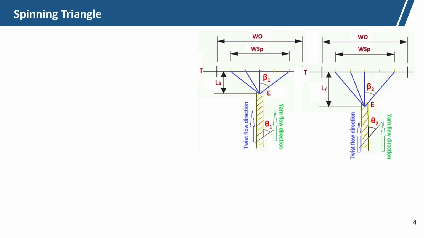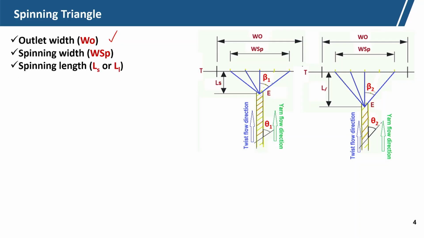Now, with this geometrical representation we can see the outlet width. When the material comes out from the front roller nip, the outlet width is W O and the spinning width is W S P. Behind the nip point the outlet width is there, W O, and the spinning width is a little bit lower than that.